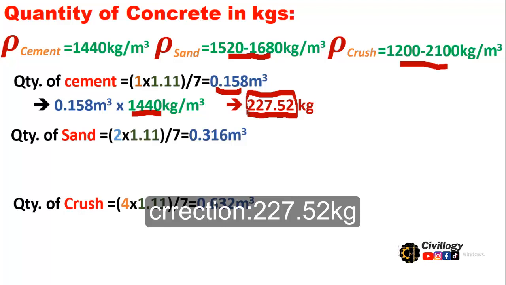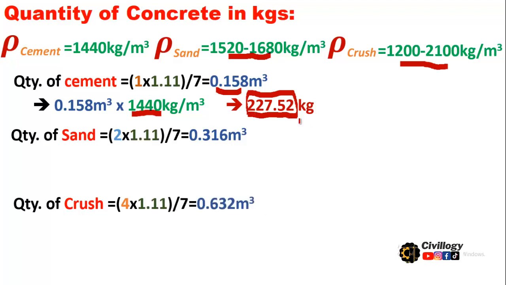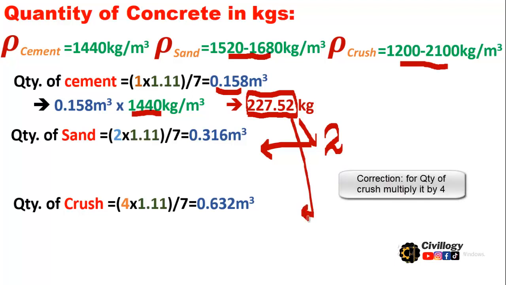Now you can simply multiply this value by 2, as the ratio we are using is 1:2:4, where 2 is for sand, and you will get the quantity of sand in kgs. If you don't know the exact value of density, then do this. And for crush, as you can see, crush is 4 times that of cement. Multiply this value by 4, and you will get the quantity of crush in kgs.